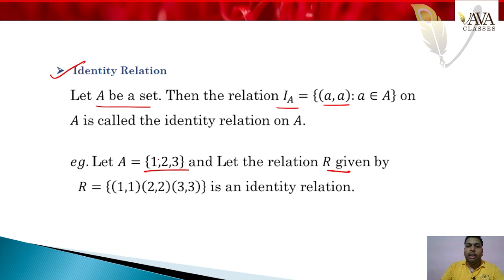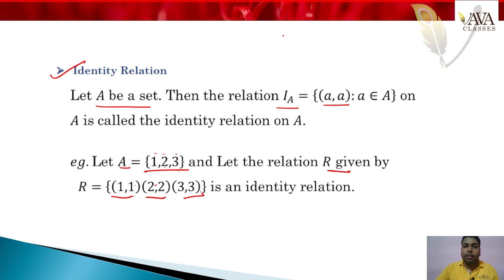You see, A contains elements 1, 2, 3. So (1,1), (2,2), (3,3) is an identity relation because it contains all elements of A related to themselves. It cannot contain any extra element. Then it's called an identity relation.